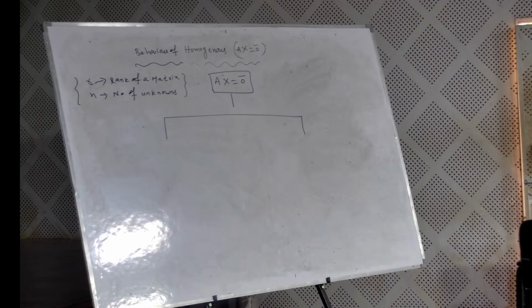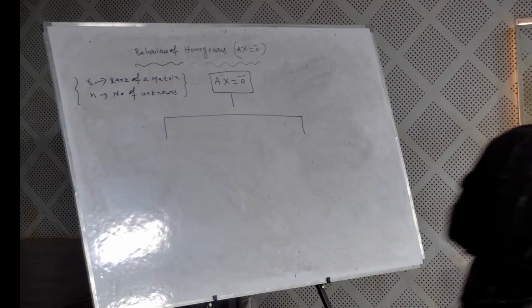How do you get the rank of a matrix? Using echelon form. Column operations are permitted only in the Gauss-Jordan method for finding the inverse. Except that, we use echelon form only. Do you remember this? In echelon form only row operations are permitted, not column operations.